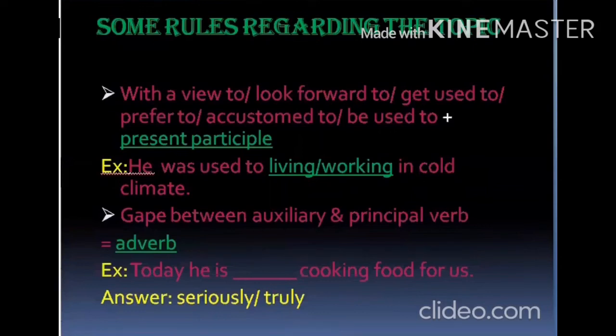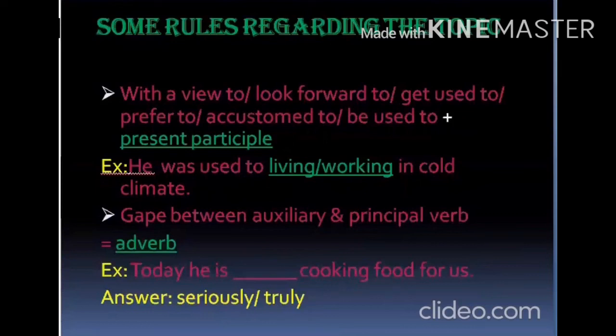My answer is: he was used to living, working, driving, skiing. Okay, so it totally depends on the passage. You have to understand the theme and the meaning of the passage. Thus it will be easy and you will be able to complete your gaps properly.